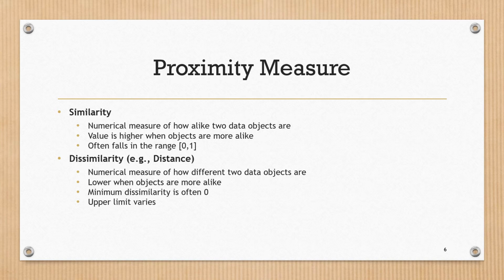In data mining applications such as clustering, outlier analysis, and nearest neighbor classification, we need ways to assess how alike or unalike objects are in comparison to one another.